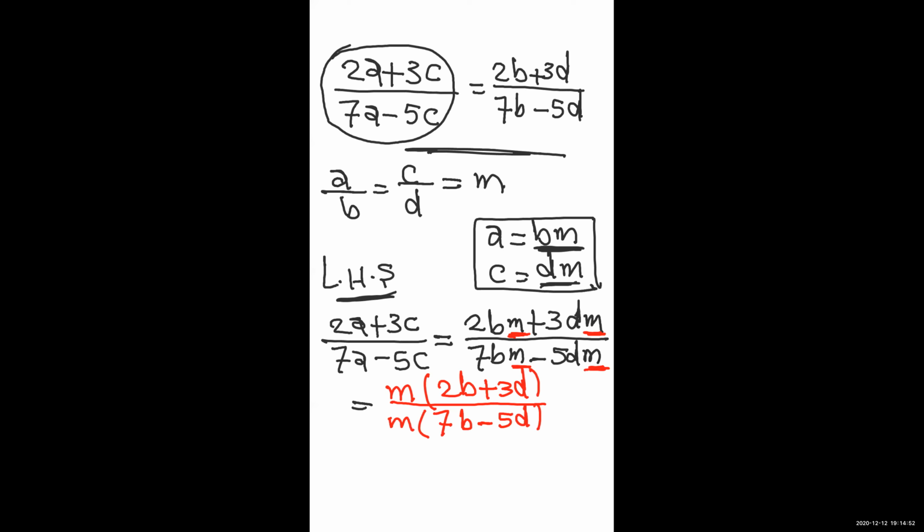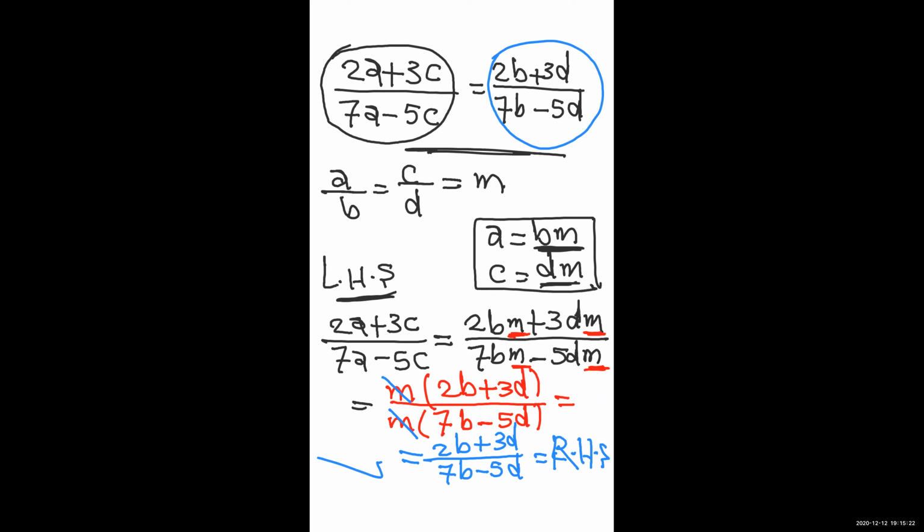Now we can simplify the two terms, so we can remove this M and this M, so it equals 2B plus 3D over 7B minus 5D, which is equal to the right hand side. This one I mean: 2B plus 3D over 7B minus 5D. So that's what was required to prove this relation.